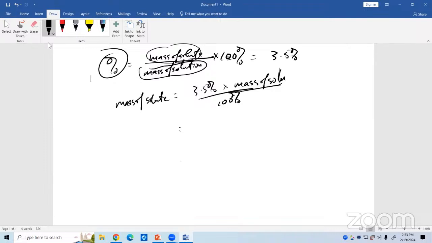Multiply the mass of the solvent by 100% over 96.5%. That's what you're saying. Oh, okay.